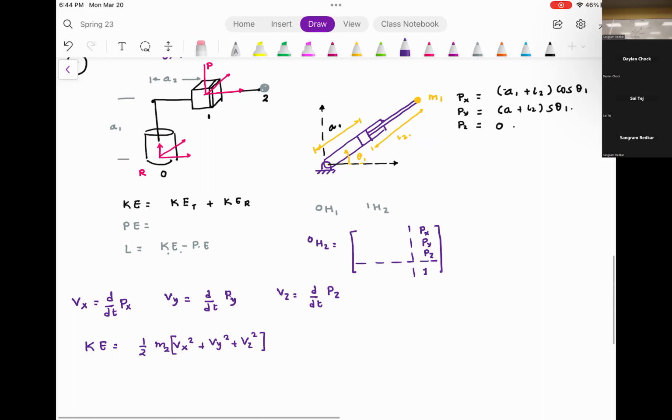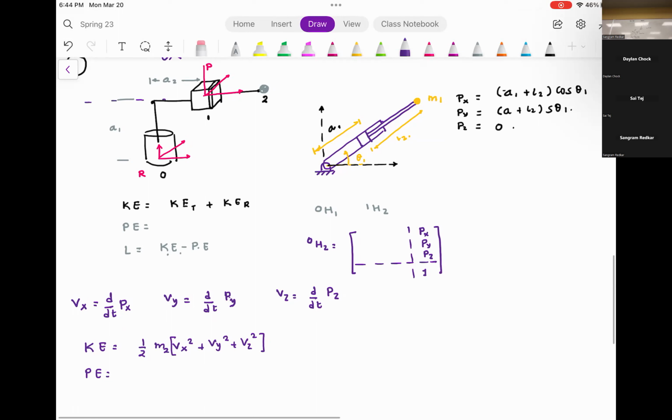So here we get zero displacement. And in this particular case, this robot arm is in the horizontal plane, which means the potential energy is going to be 0.